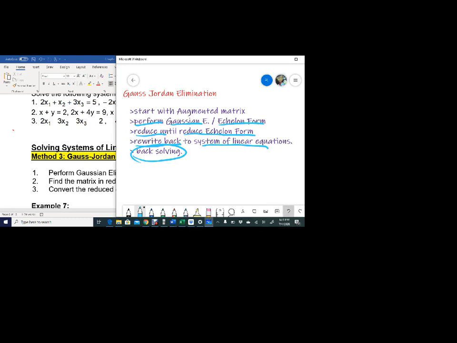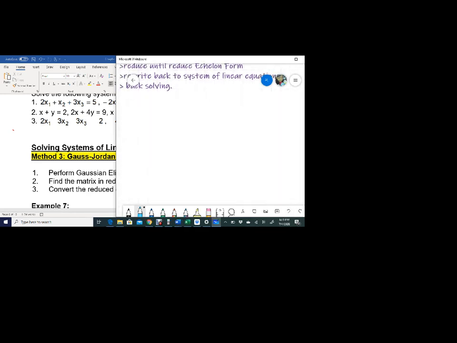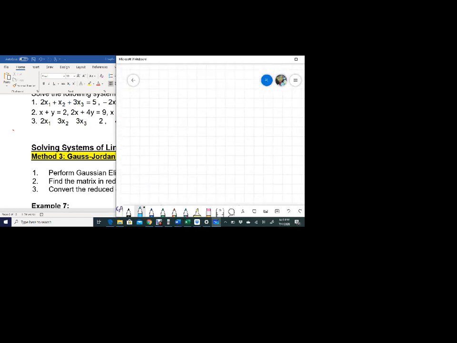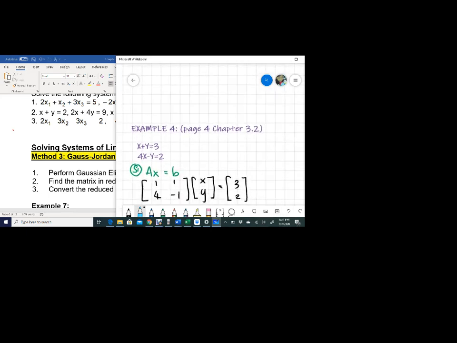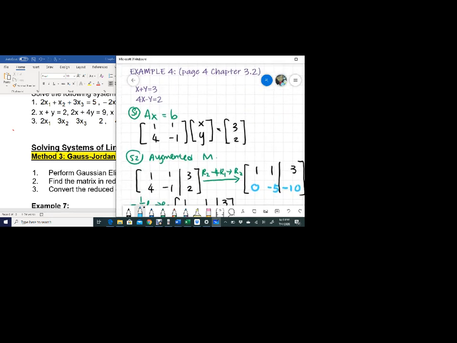Since we have already discussed example 4 previously, let us just modify that. Example 4, page 4, chapter 3.2. As in the video before, I already discussed with you how things are done. First of all, get it in the form of Ax equal to b. After that, perform your augmented matrix.